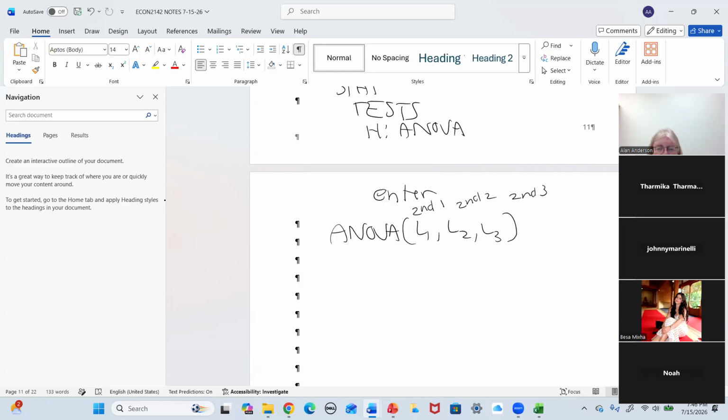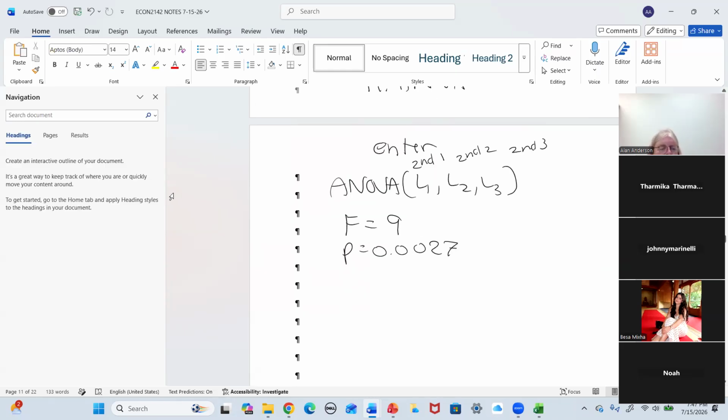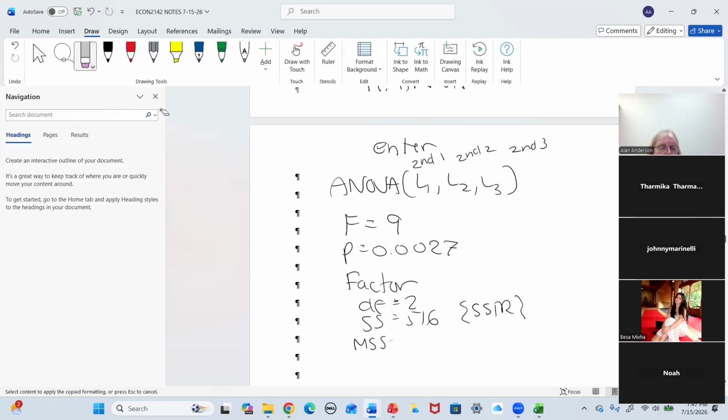So I have the factor, and remember, this is SSTR. Then error, degrees of freedom is 15.